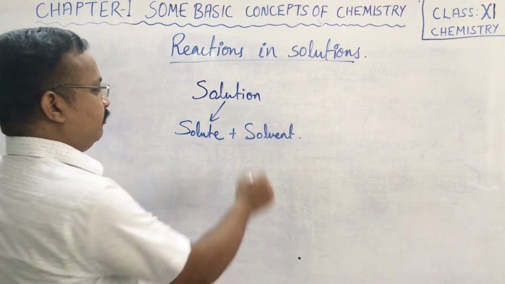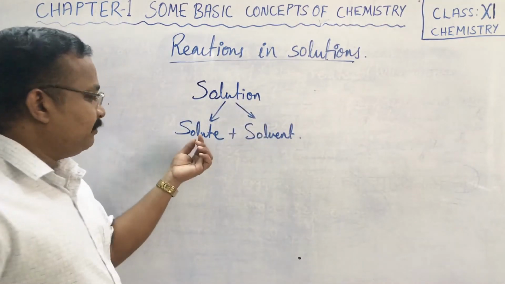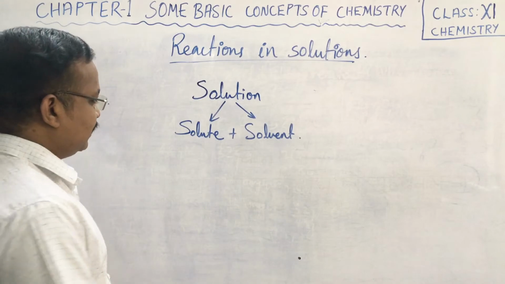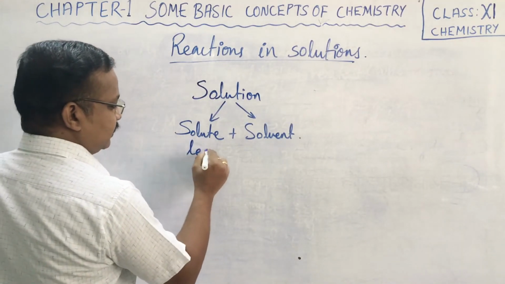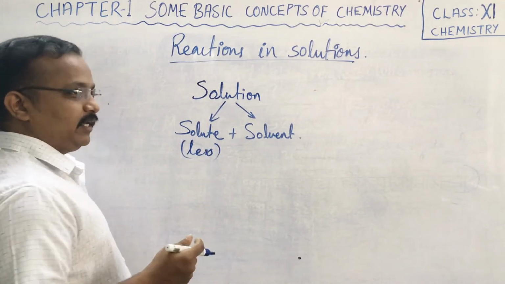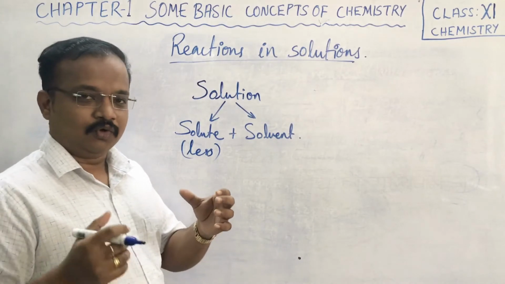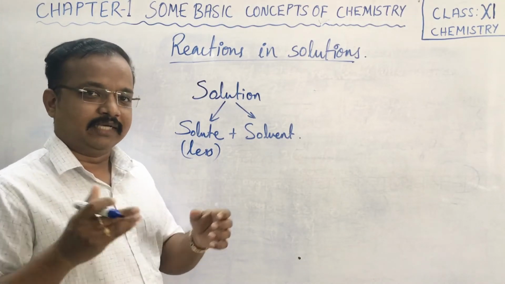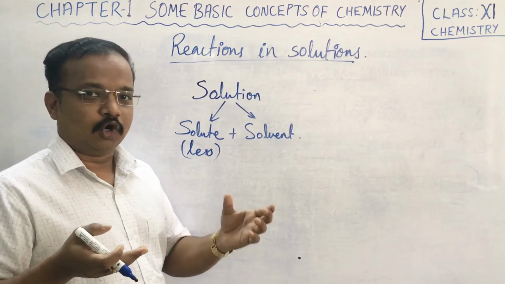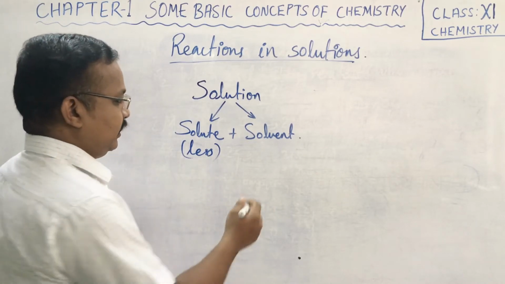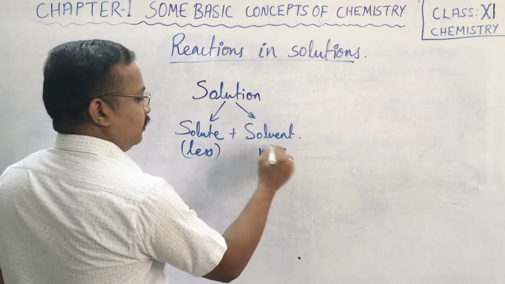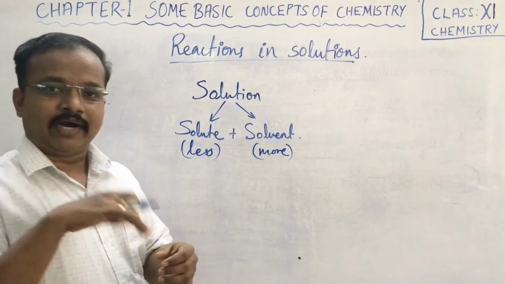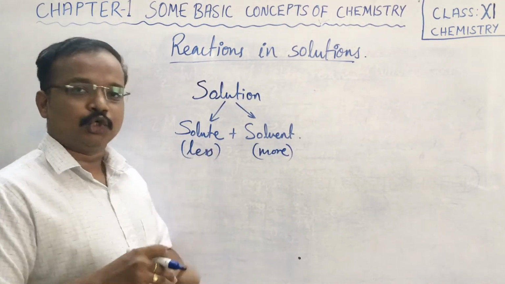Correct? In which, what do we mean by solute? Solute is the substance present in the lesser quantity. Suppose you are taking a glass of water and adding a little amount of salt into it. Here water is the solvent, which is in more quantity, and the salt which you have added is the solute.